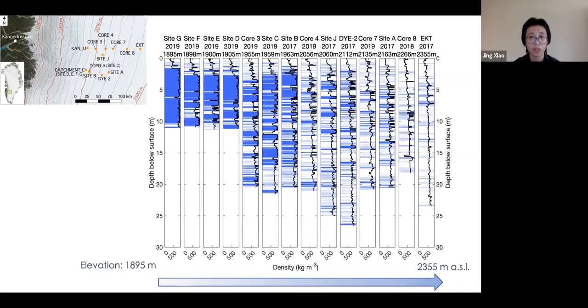Through visual inspection, we can already see that the ice content of the cores has a very obvious trend. That is, as the elevation increases, there is less and less ice. To quantify this change with elevation, I took the top 10 meters of all these cores, which is the largest common length, and calculated the average density and ice content of each core.